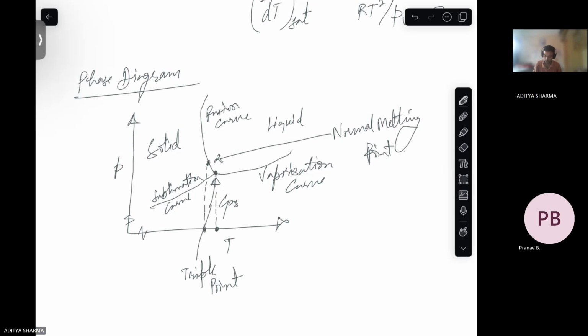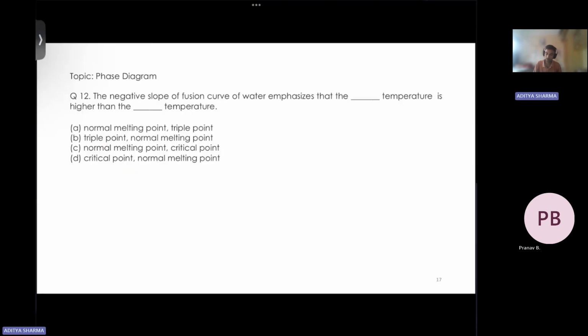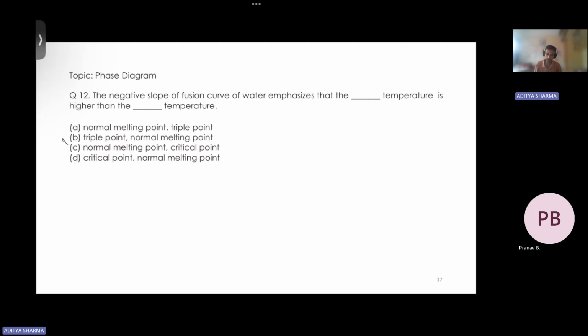So T for the normal melting point clearly is less than the T for the triple point. This is T for the triple point and this is T for the normal melting point. Right, so T for Tp is greater than T for N. That is, the triple point is greater than the normal melting point. The options. Okay, so moving on to the next question.